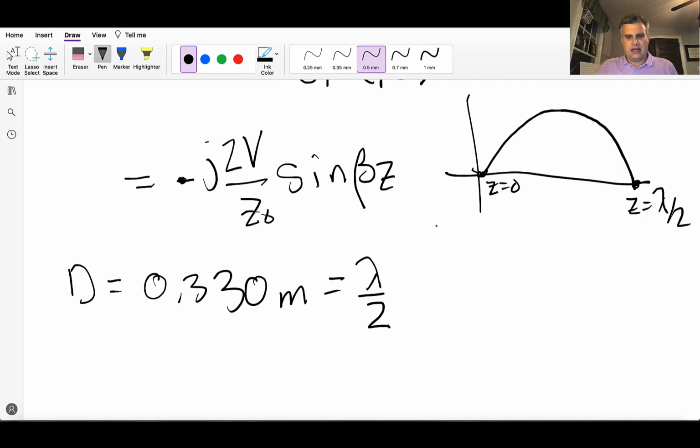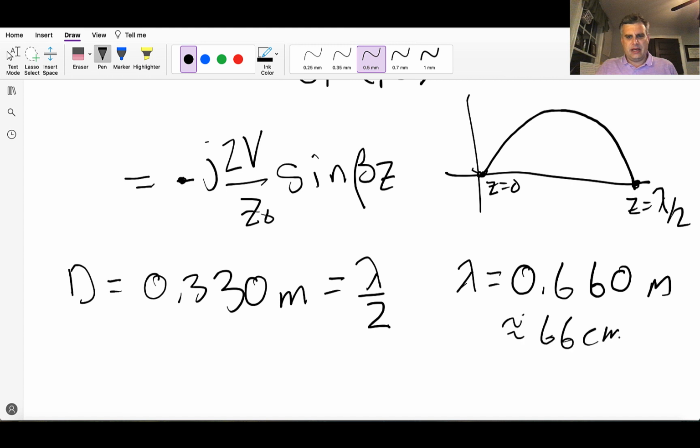So if I wanted to look at the E string, that's the really skinny one at the top with the high pitch, that would imply that lambda is actually equal to 0.660 meters, or about 66 centimeters.